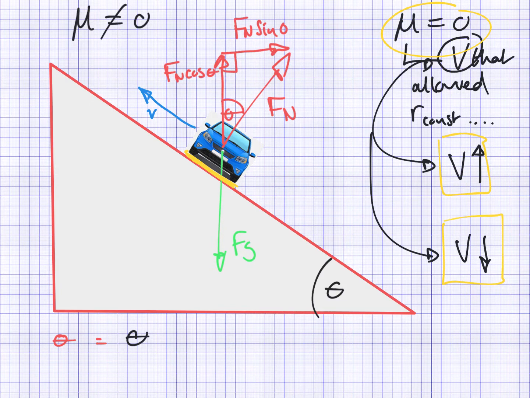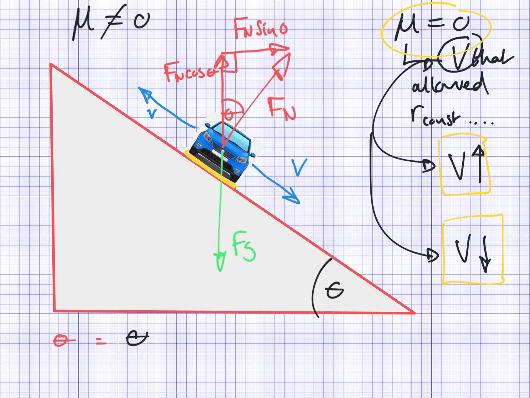Conversely, if you go too slow, or if you're going slower than this speed that is allowed for the constant radius with mu being equal to 0, it's going to slow down and the car is going to have a tendency to move down the ramp. So in both these situations, of course, friction is going to be opposing that motion.